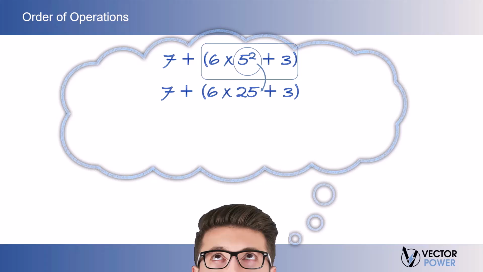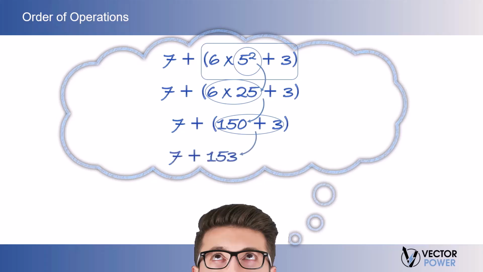Staying inside the brackets, now we can multiply. And that would provide us, inside the brackets, 150 plus 3. Now we can do our addition.